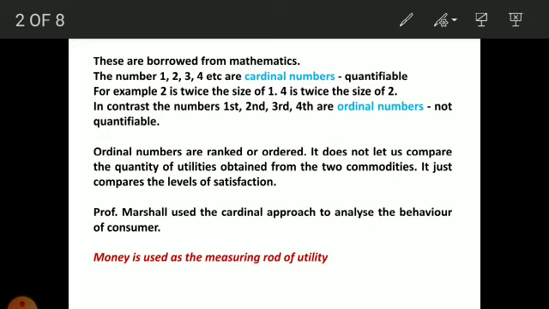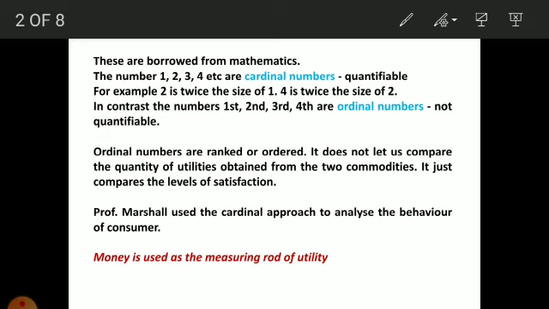The ordinal numbers, namely first, second, third, fourth, could be 25, 50, 60, and 75, or they could be 100, 500, 1000, 1500, etc. Here, what we mean to say is that ordinal numbers do not reveal the actual size of the numbers. They can only be ranked.